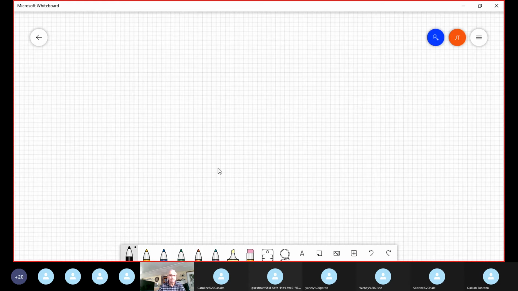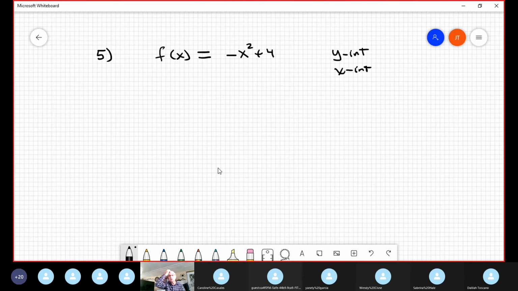Number 5 is: do the graph of the function f of x equals minus x squared plus 4, and find the y-intercept and x-intercept, using transformation.